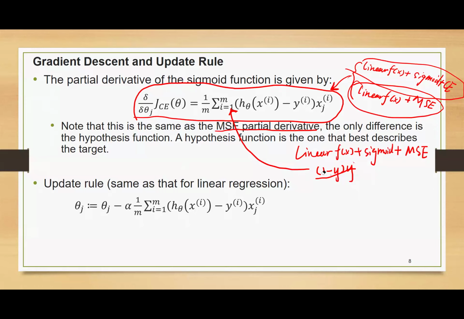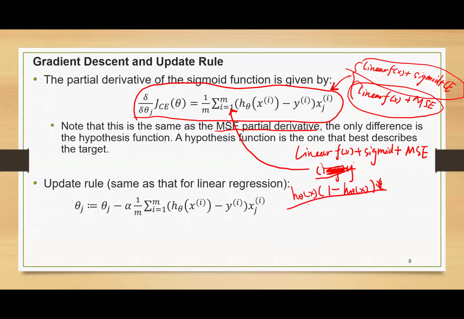Let me write it again. We have a new term. So in this case, it should be 1 minus h theta x, like this. So we have an extra term like this in this loss function, also in this gradient function.